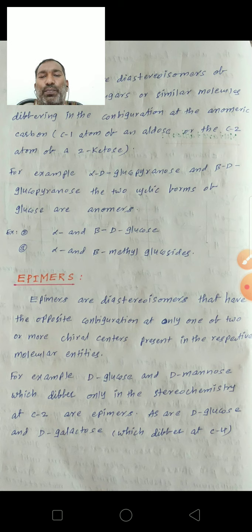For example, D-glucose and D-mannose, which differ only in the stereochemistry at the C2 carbon.